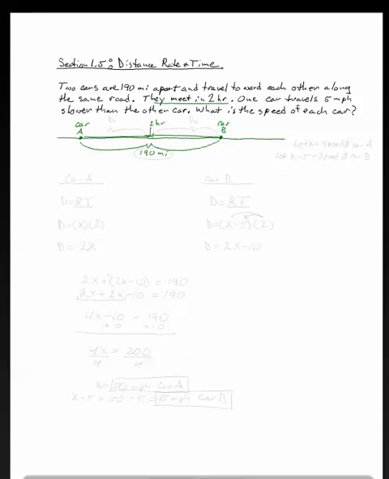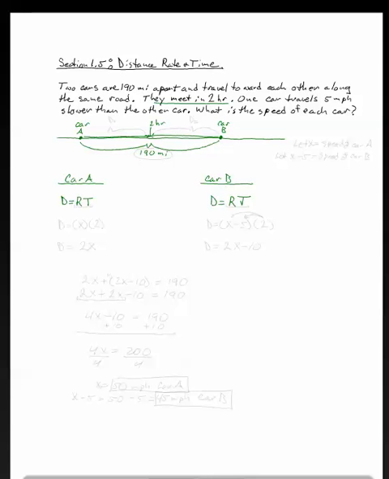So we're going to make 2 columns. Car A, car B, using the same formula, distance equals rate times time.